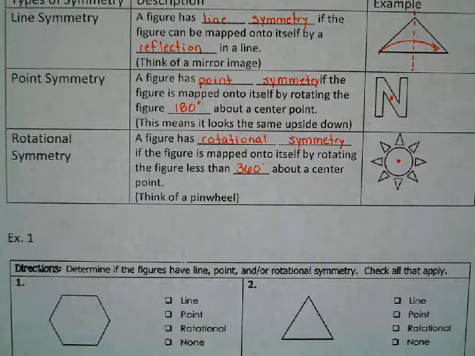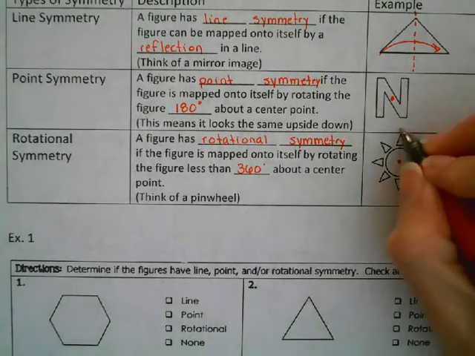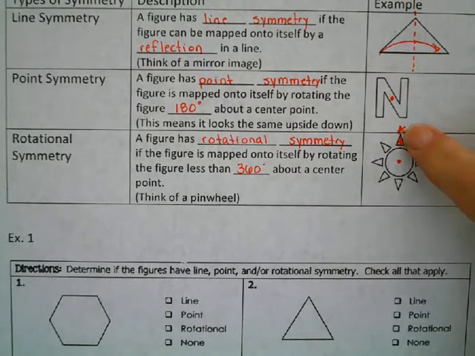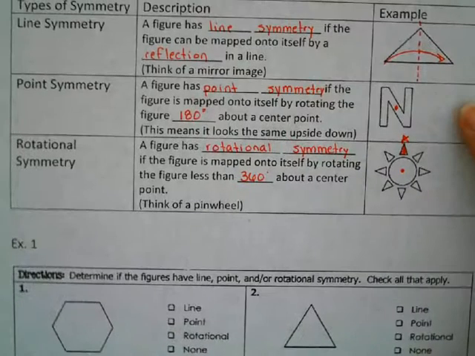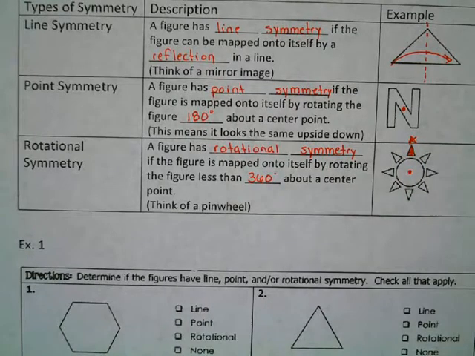It spins, and you can see, let's say here is your starting point. You start right there on this triangle, and you spin clockwise or counterclockwise, it would just spin to here, and it would be the exact same picture. Or it could spin to here, and be the exact same picture. So rotational means it can rotate any direction, any amount of degrees, and it will fall onto itself.